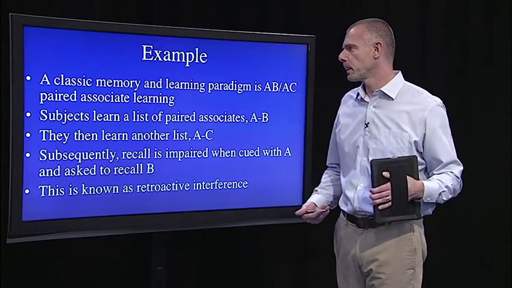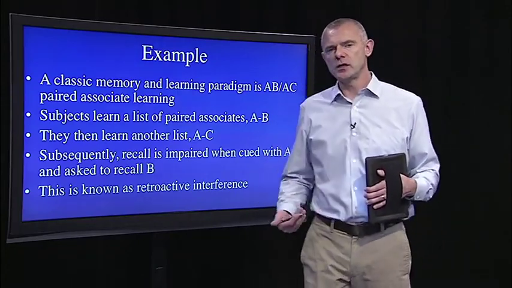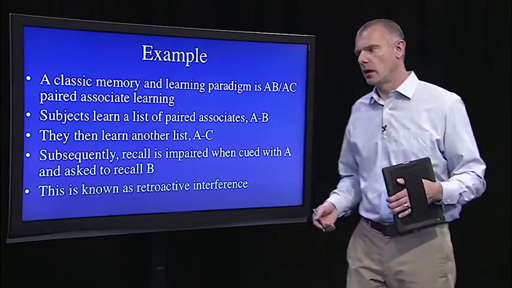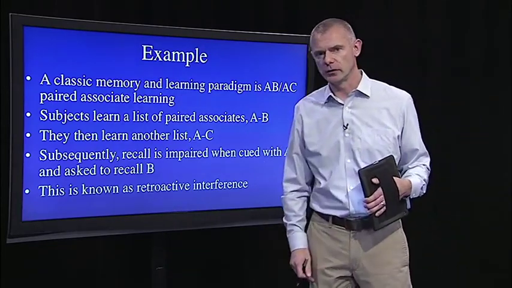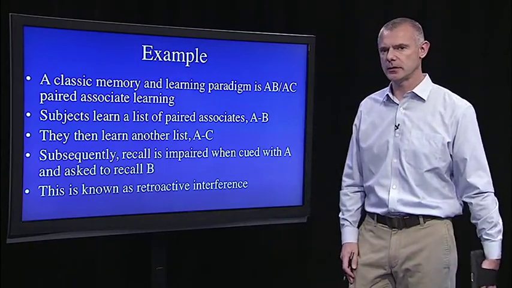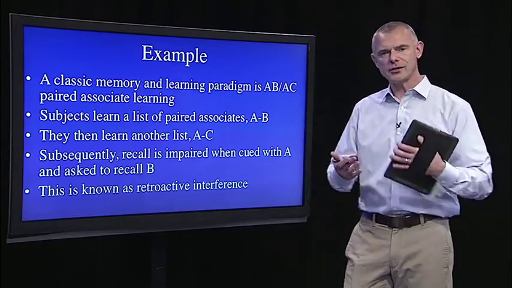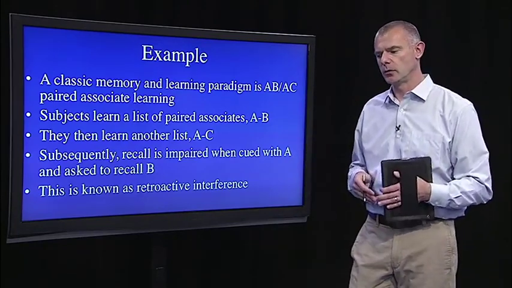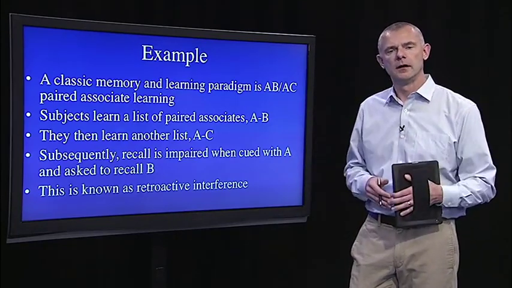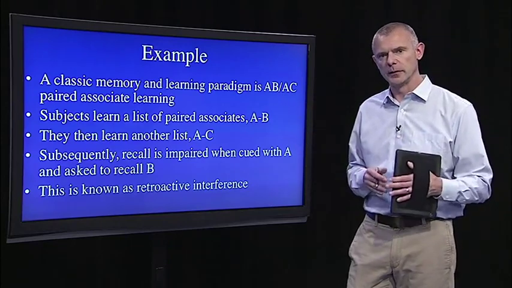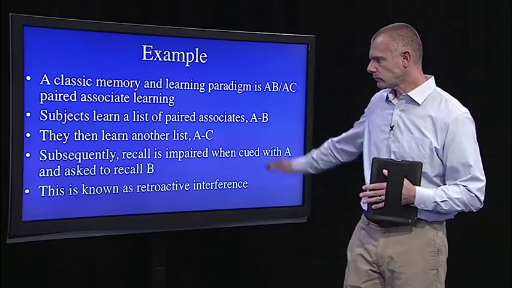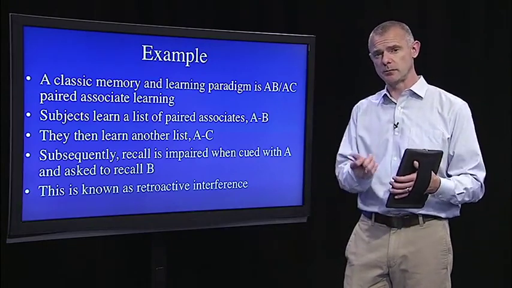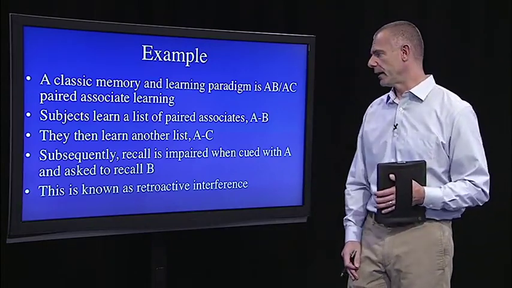So the example I chose to use here is a classic memory and learning paradigm in cognitive psychology called the AB-AC paired associate learning task. There's lots of variants of this, actually. They're designed to look at the effect of interference on memory. So we know that a lot of forgetting in memory just occurs due to interference. And in this paradigm, what subjects do is they learn a list of paired associates, so just pairs of words that go together.